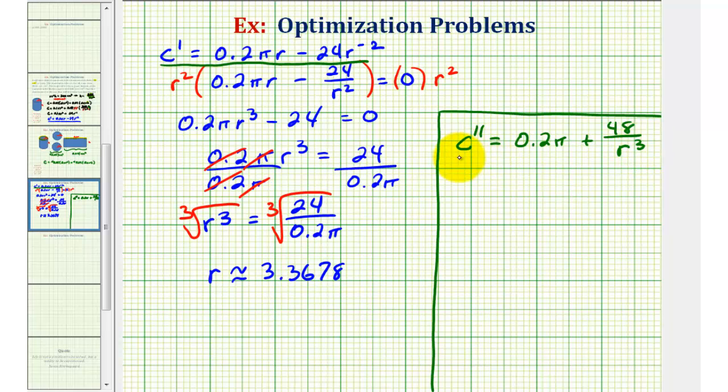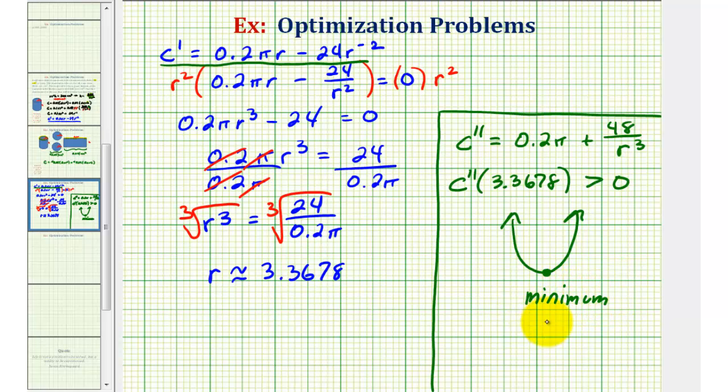Now notice if we substituted 3.3678 for r, this sum would be positive, so C double prime of 3.3678 would be greater than 0, which means the function would be concave up, which is good news because if the function is concave up at this critical number, that means we'd have a minimum function value, or in this case, a minimum production cost.